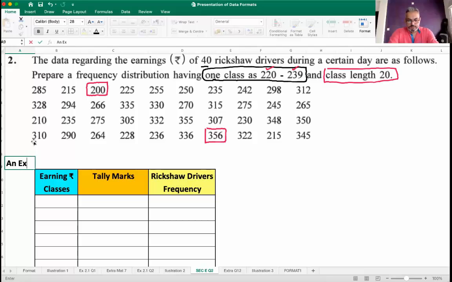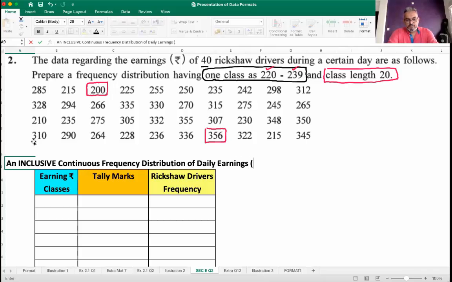Inclusive continuous frequency distribution of daily earnings in rupees of 40 rickshaw drivers.